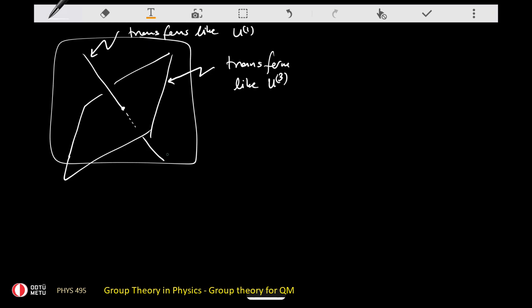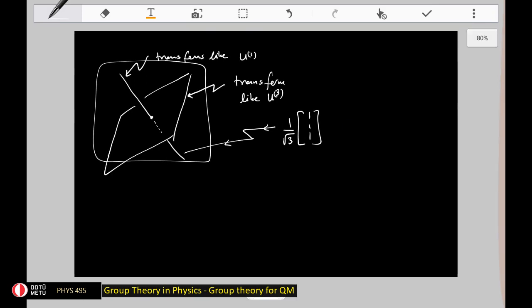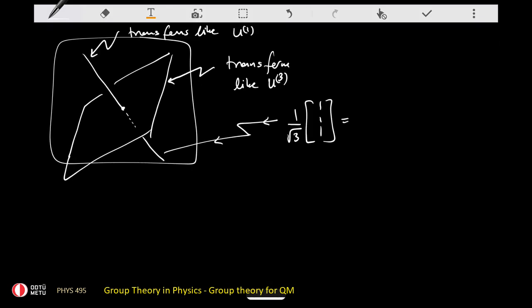So I can easily see that, I mean, this subspace corresponds to the vector 1, 1, 1. I just need to normalize it. Let me call this 1 over root 3, 1 over root 3. So I'm going to call this as, let's say U1. I don't know.